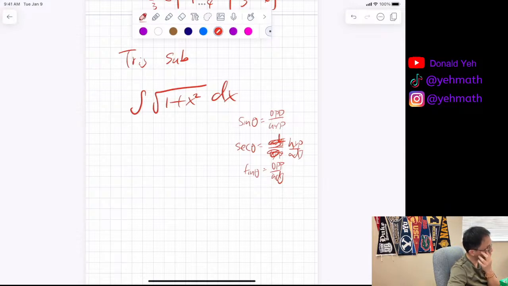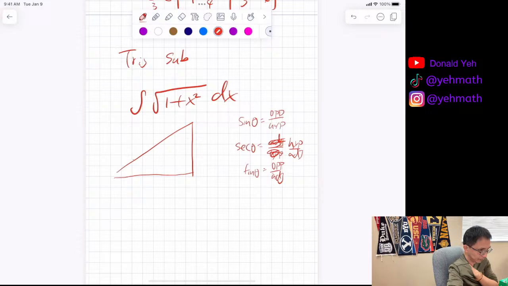Tangent is good, but you don't know why though. Because the other two you didn't say anything about.